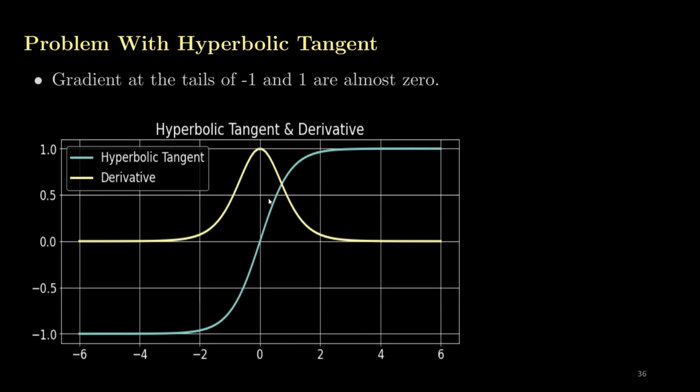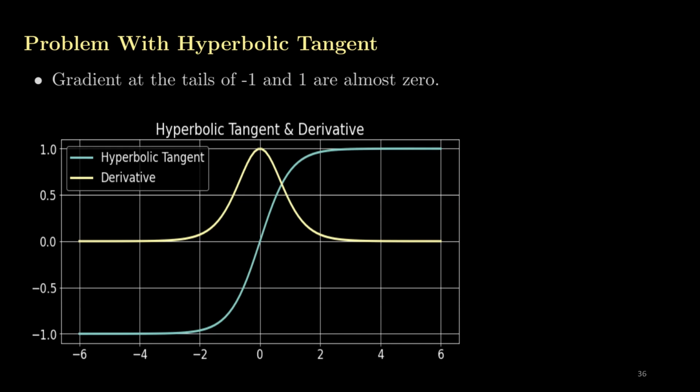Due to which, during learning, there are high chances that gradients die out, or a vanishing gradient problem occurs. Due to vanishing gradient, the learning of the neural network decreases and it cannot generalize well on unseen data. So it has the same problem as the sigmoid, that is the vanishing gradient problem, due to which we do not use them so often with the hidden layer.